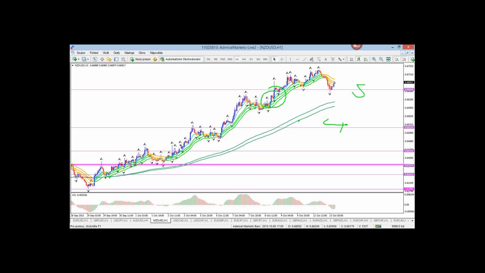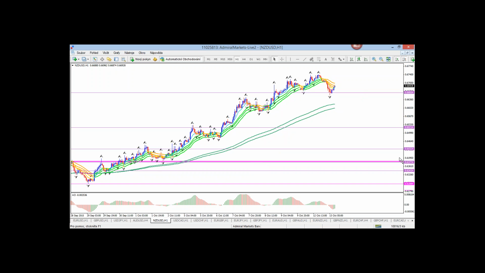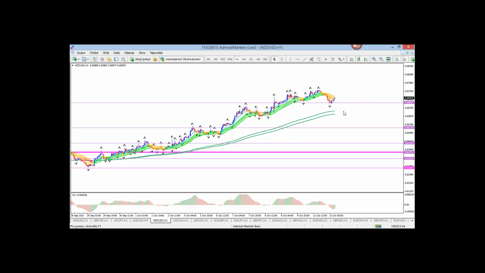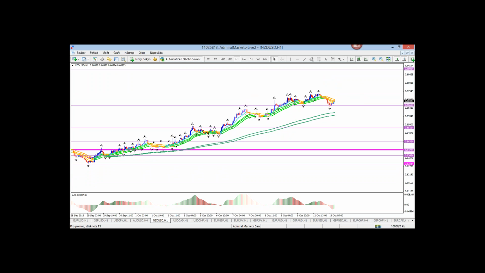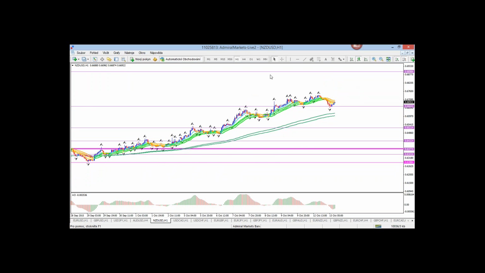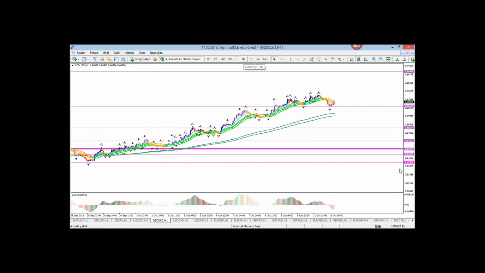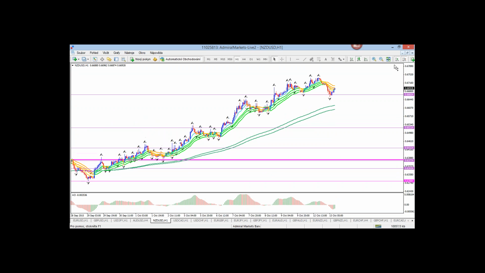And now the Kiwi normally doesn't go to 6 that often because it's a slow mover. It sometimes will. And from that point of view, if it breaks above this band with a candle close, well, there could be that swing trade up to level 6. Let's see.